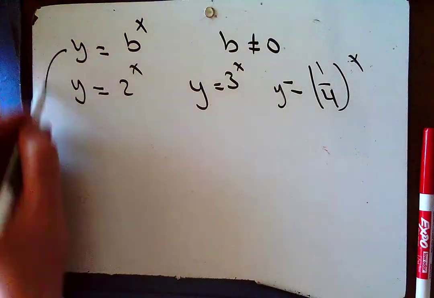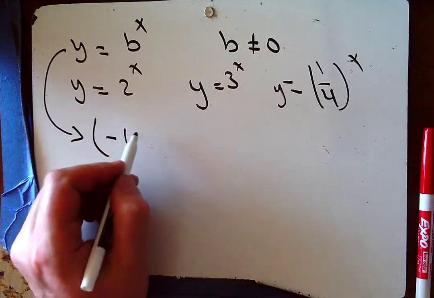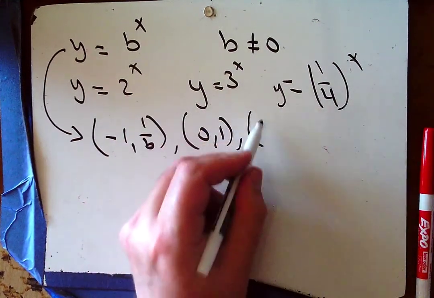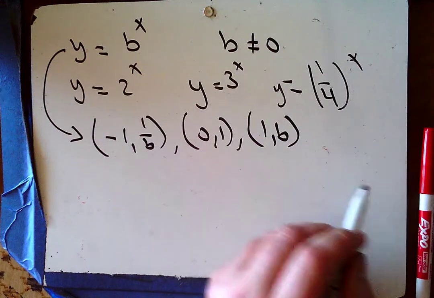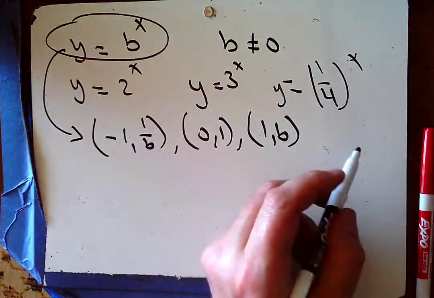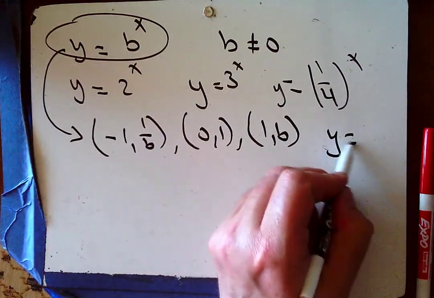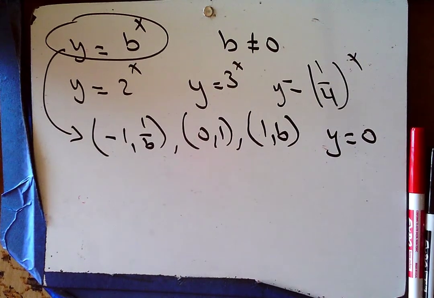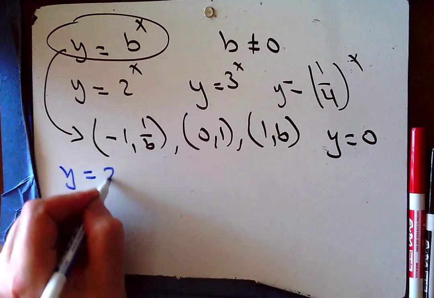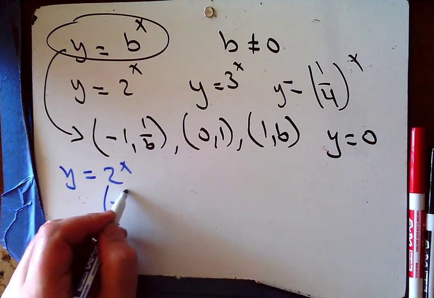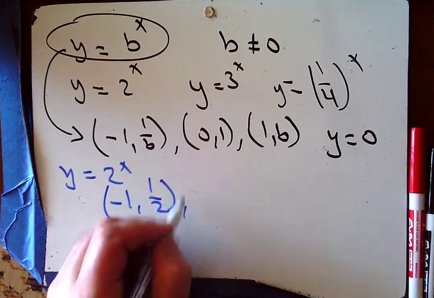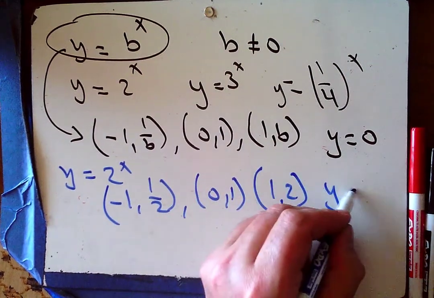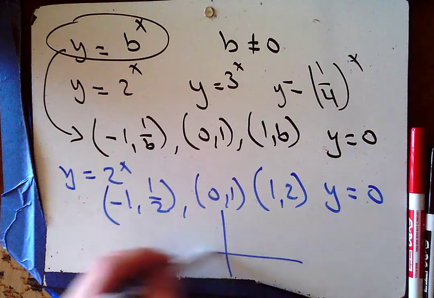Well, we know the reference points are -1, 1 over b, 0, 1, 1, b, and we remember that all exponential functions have a horizontal asymptote at y equals 0 unless we do some transformations. So if I'm graphing y equals 2 to the x, my reference points will be -1, 1 over 2, 0, 1, 1, 2, with y equals 0, the horizontal asymptote.